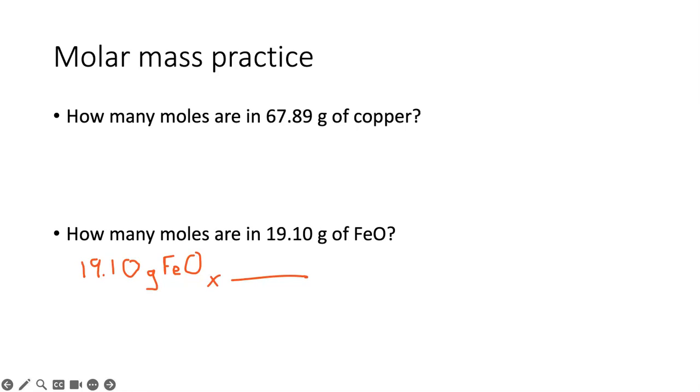So 1 iron mole and 1 oxygen mole will give me 1 mole of iron oxide, but I can't say that 1 gram of iron and 1 gram of oxygen will give me 2 grams of iron oxide. It doesn't work that way exactly.